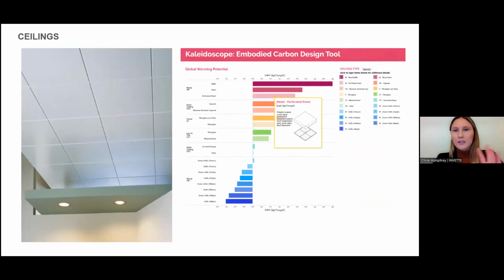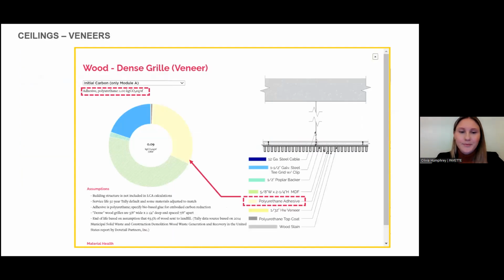And so switching back to Kaleidoscope, starting with ceilings, we're going to do a couple of deep dives into some of the lessons learned and takeaways that we found when researching ceiling assemblies for the Kaleidoscope tool. One thing that we noticed, at least in the US, we found that grills are really popular in these kinds of aesthetic spaces, and wood grills are really popular as well.